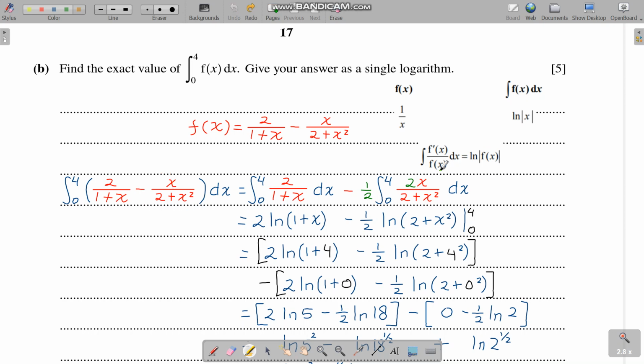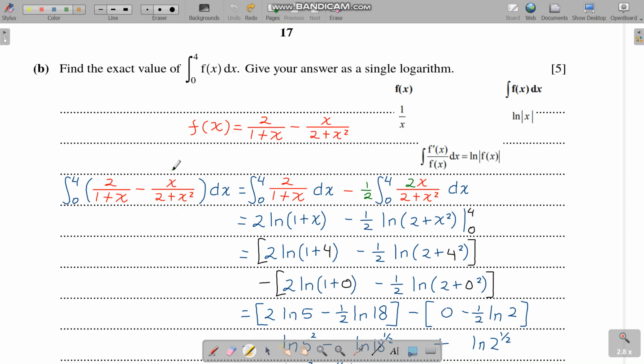So here we have to use this MF19 formula, and if we want to use this formula, we have to make sure that we have f prime over f, which means the numerator must be the exact derivative of the denominator. If you look at the question, the derivative of the denominator is actually 2x, and the numerator is just x.